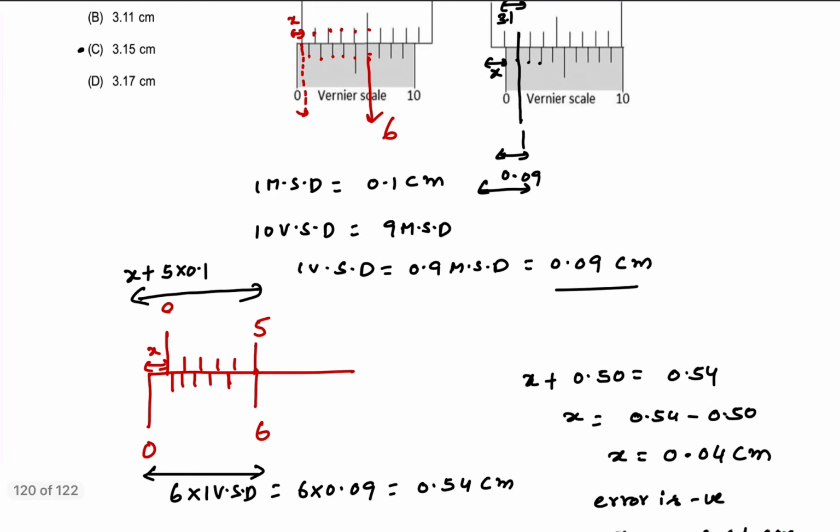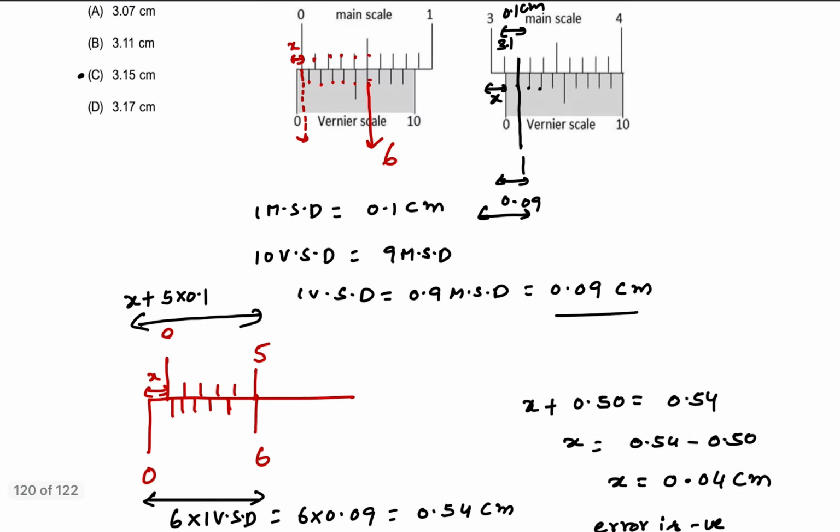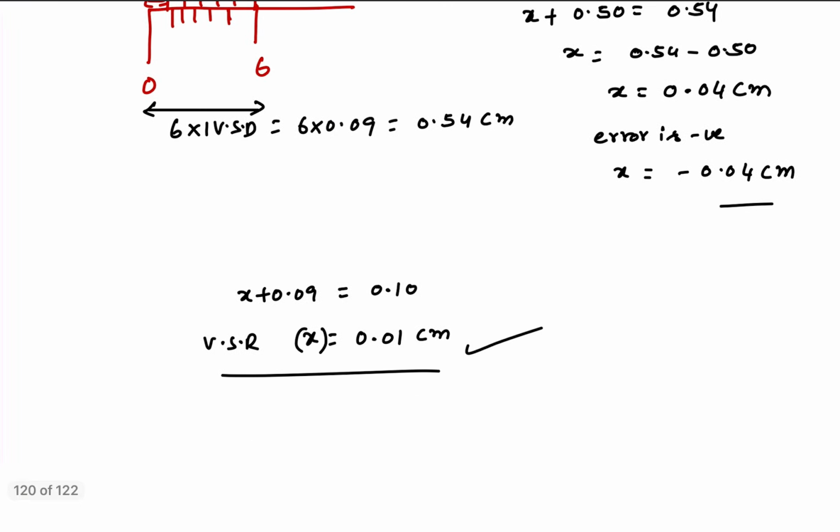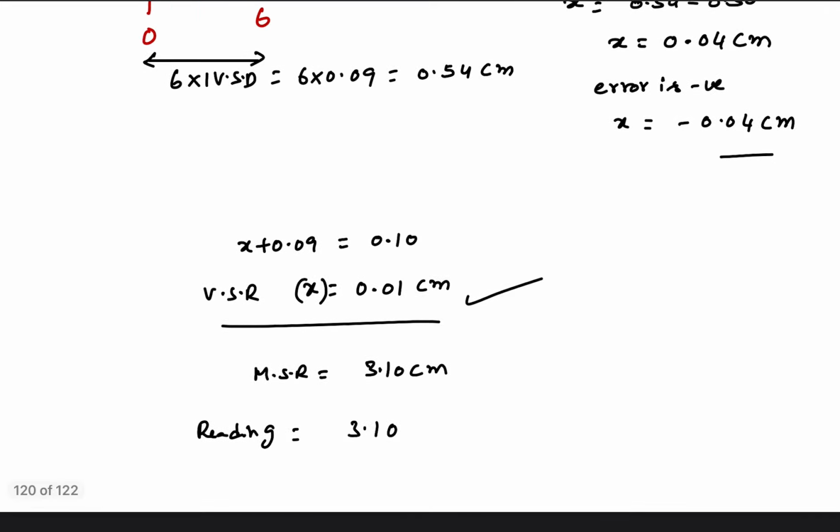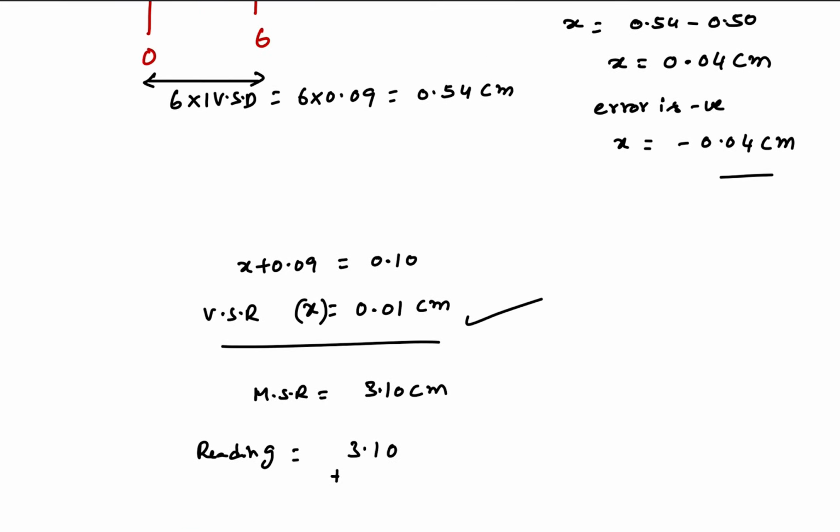No least count, nothing. Now we can see what is my main scale reading. So you can see 3.1 is my main scale reading, 3.10 centimeters. Corrected reading I am writing: 3.10 centimeters plus 0.01, plus 0.04.